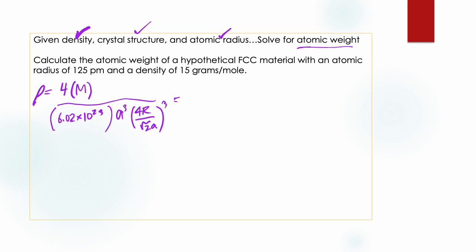I'm going to say that M is equal to 6.02, 4R over root 2 cubed, times density divided by 4.